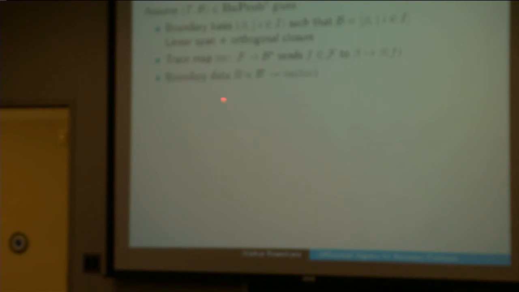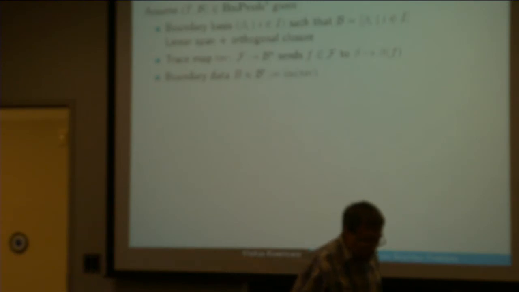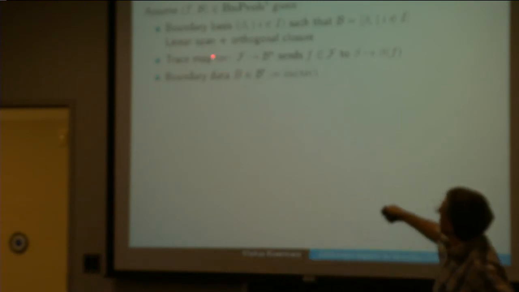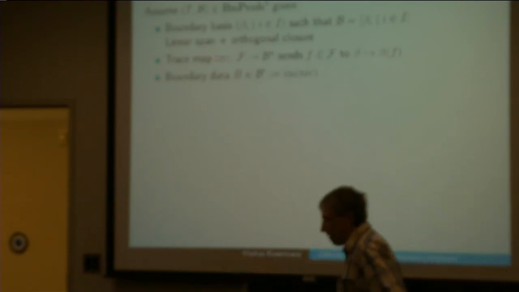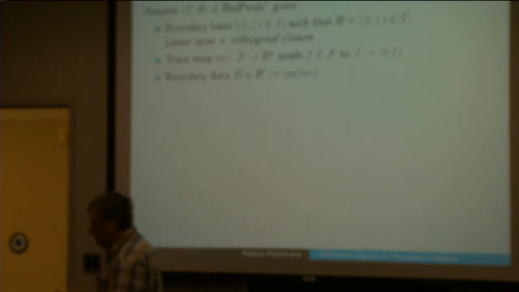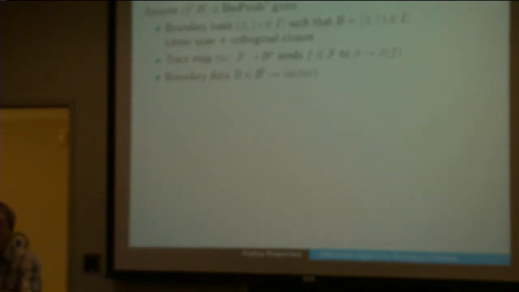And then I can now make precise what I mean by boundary data. By boundary data, I simply mean the image of this trace function. Okay? Because in general, this trace map will not be a surjective function, because you may prescribe completely crazy boundary data that will not fit together into any function, because it will not be continuous, differentiable, or anything. So this describes in a hidden way somehow the topological constraints.